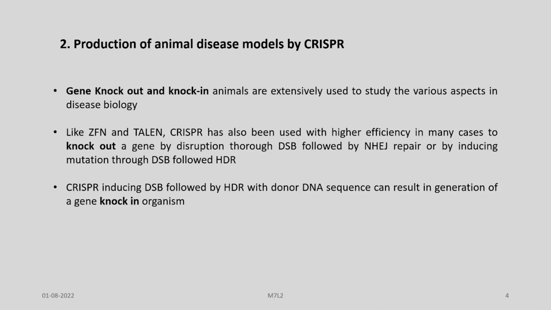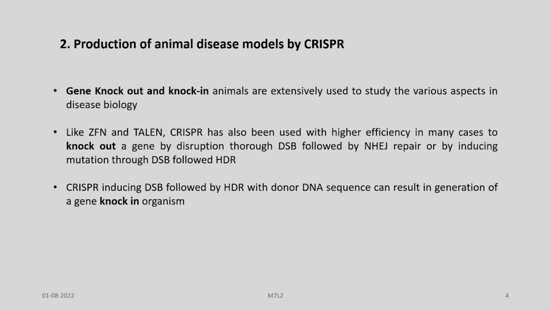So, some of the things we can do with CRISPR-Cas9 is we can use them for producing animal disease models. We have a lecture in one of the future modules where we will discuss in detail these applications. But this is just to brief you that gene knockout and knock-in animals are extensively used to study the various aspects of disease biology.